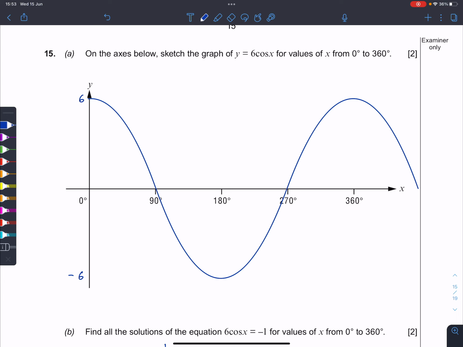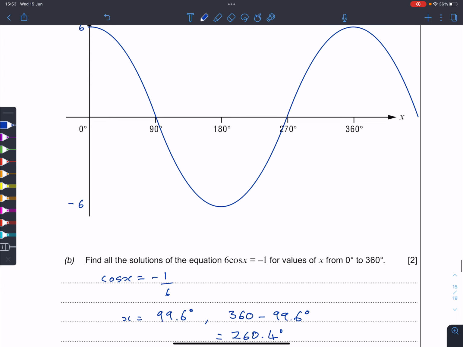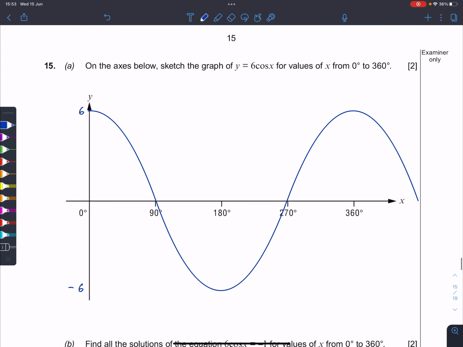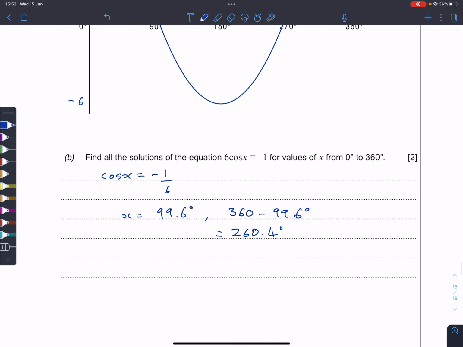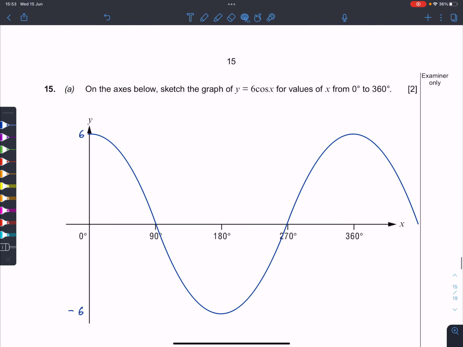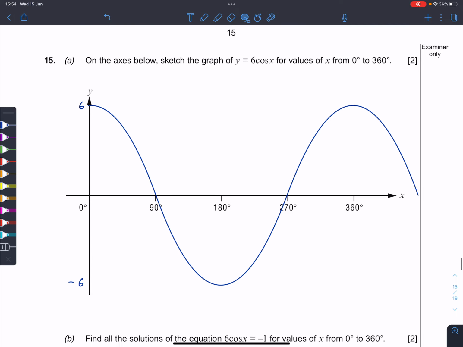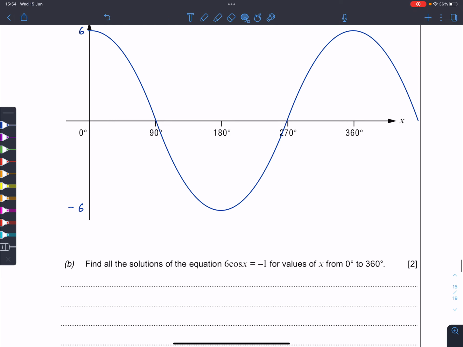Okay, then we want to find all the solutions of this 6 cos x. Now 6 cos x is this curve that I just drew, equals negative 1.